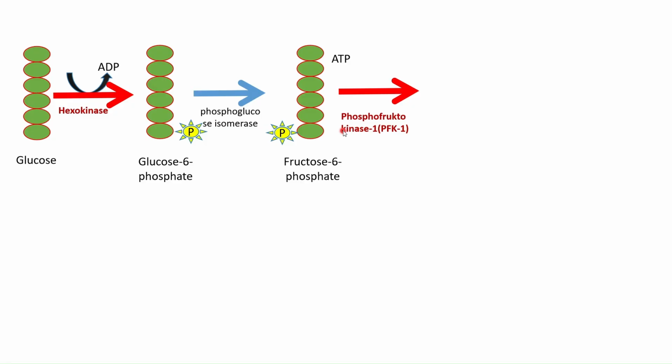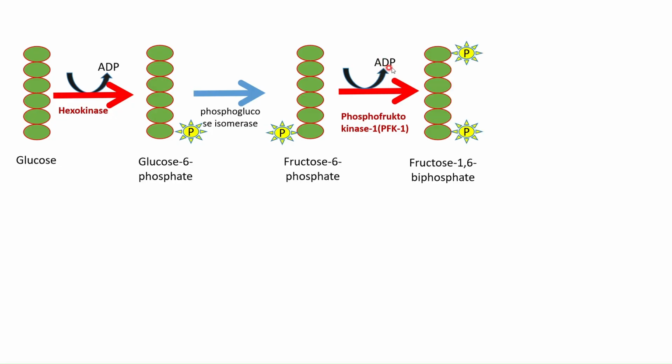Once again, ATP is invested, and this ATP becomes ADP, and this extra phosphate is now here. So look, now we have fructose 1,6-bisphosphate. Okay, so now we have 1 molecule of 6 carbons, and it's phosphorylated in 2 places, 1 and 6.